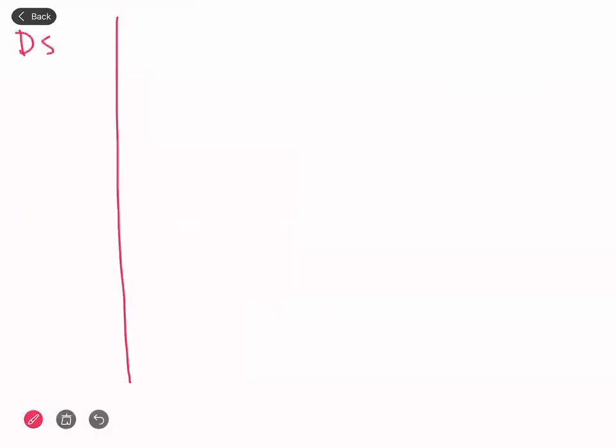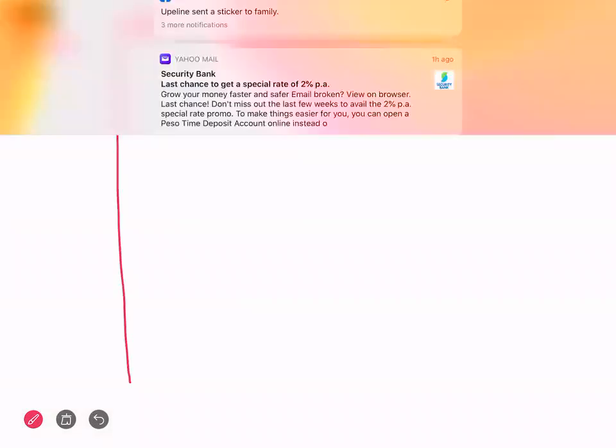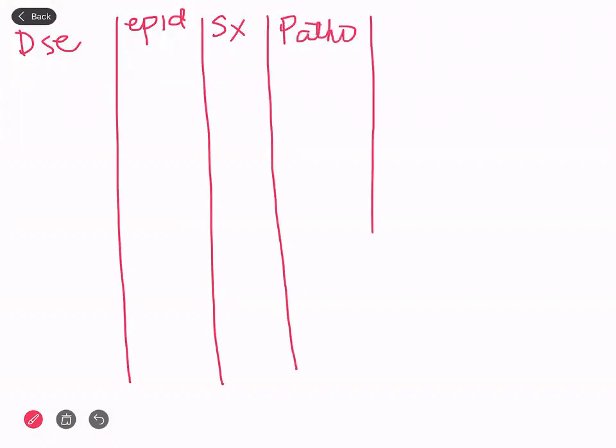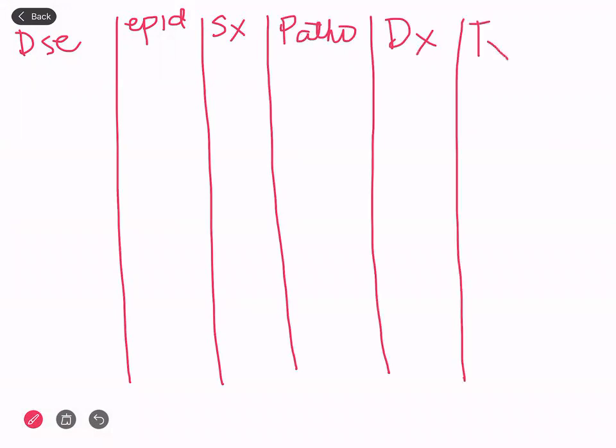Here is the disease, followed by the epidemiology or the prevalence, then the symptoms or the clinical manifestation, then the pathology, the cause, then the diagnostics, then therapeutics, and then of course the prognosis.